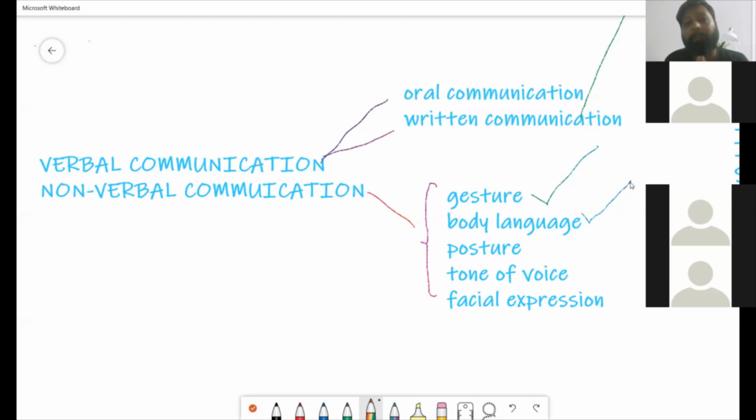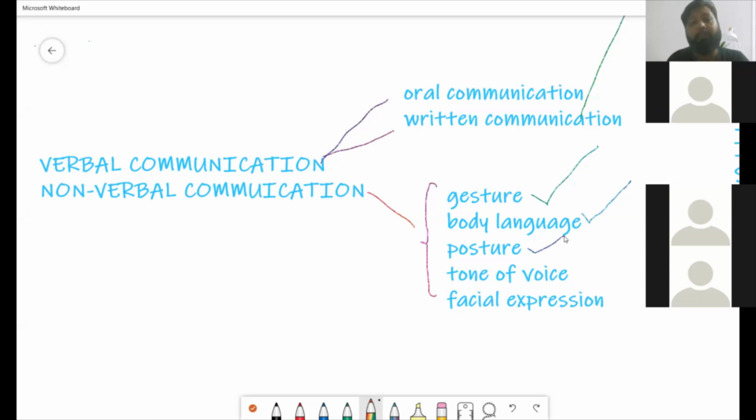Again, this is something that you need to excel in order to become a good orator, in order to be followed by people, in order to be someone who can be accepted in any organization, in any situation, who can be seen as a leader. Body language plays a very important role. Next is posture. This gives away a lot of information about you.